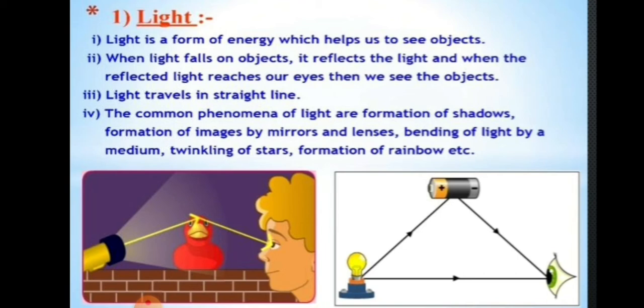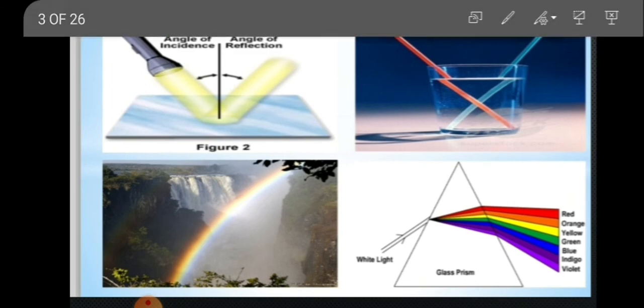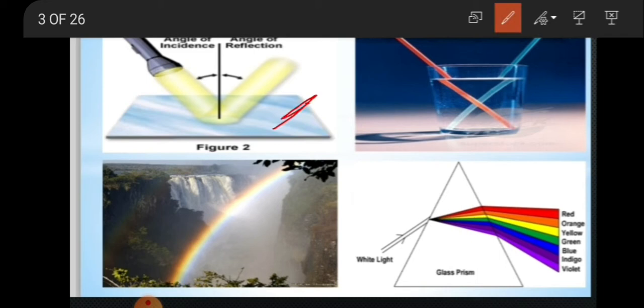When light falls on an object, it reflects the light, and when the reflected light reaches our eyes, then we see the object. Next, light travels in a straight line. The common phenomena of light are formation of shadows, formation of images by mirrors and lenses, bending of light by a medium, twinkling of stars, formation of a rainbow, etc. You can see in this picture, the first phenomenon is called reflection.